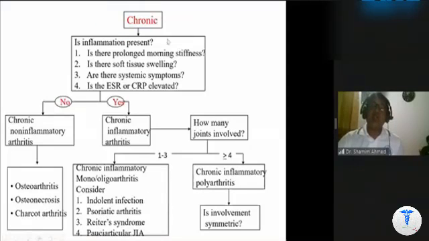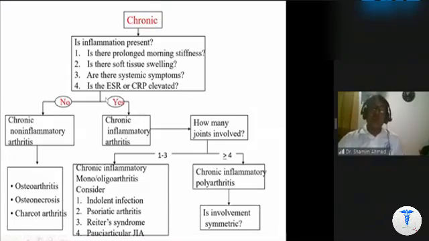On the other hand, if it is chronic, that is it persists more than 6 weeks, is inflammation present? Is there prolonged morning stiffness or soft tissue swelling? Are there any systemic symptoms like fever, arthralgia, fatigue? Is ESR/CRP high? If no, it is chronic non-inflammatory arthritis, that means maybe osteoarthritis, osteonecrosis, or Charcot joints.